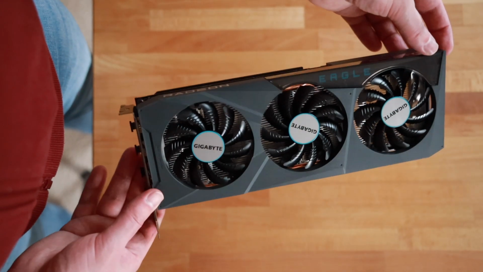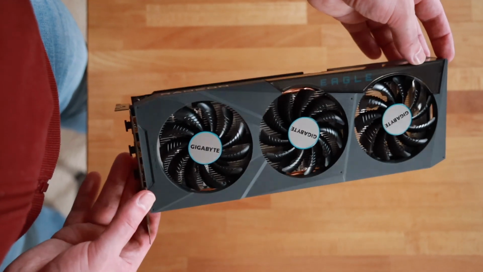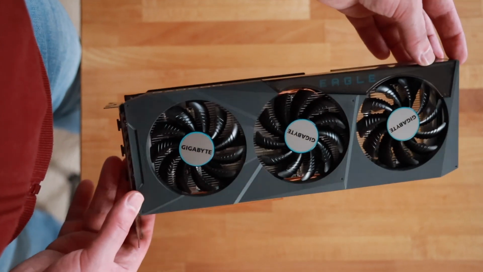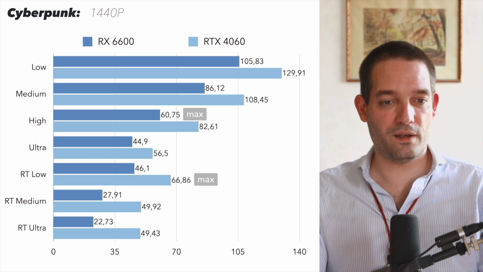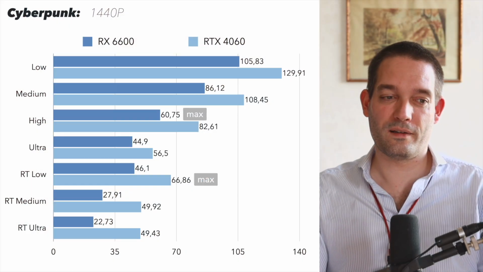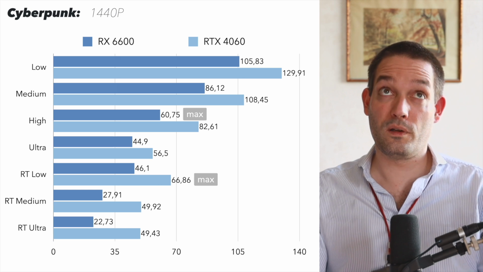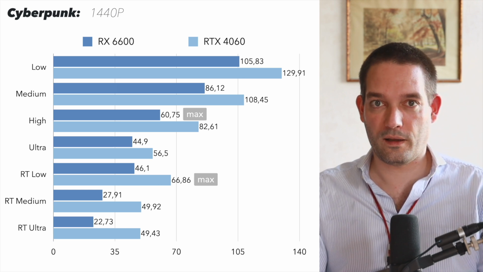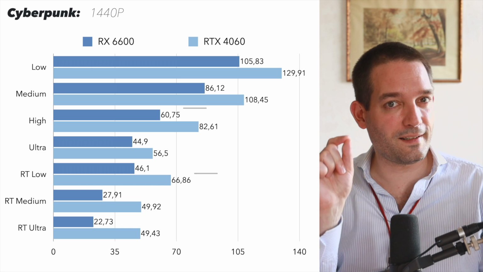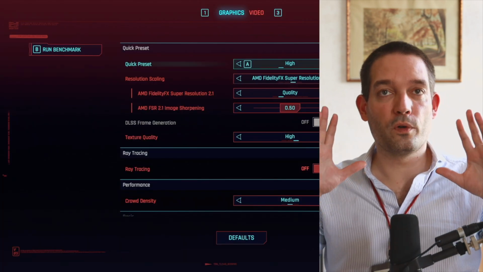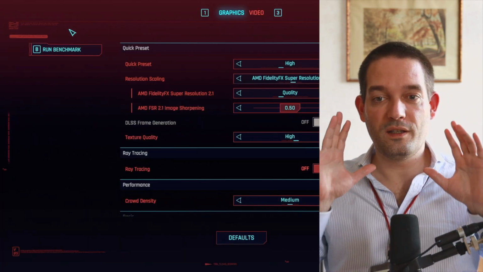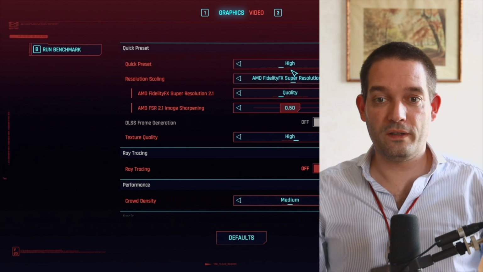With the RX 6600, which is a little bit of an older generation from AMD, I think I would not go higher than 1440p high settings.